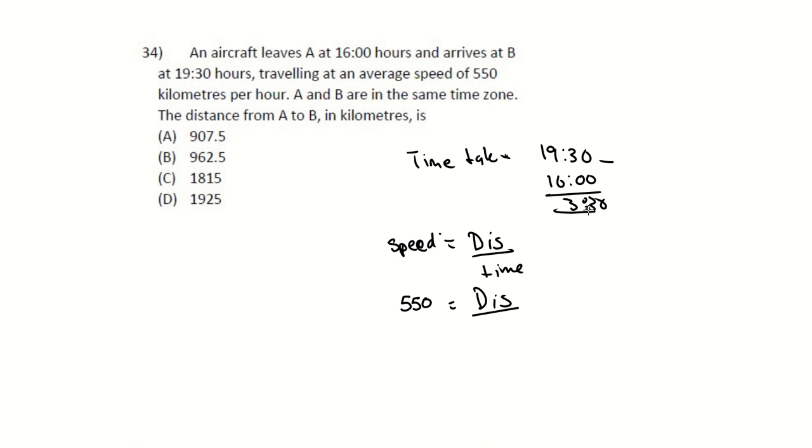So 3 hours 30 minutes is 3.5 hours, right? So my distance is going to be 550 multiplied by 3.5, which is 1925. When you multiply it out, that is the answer that you're going to get for this question.